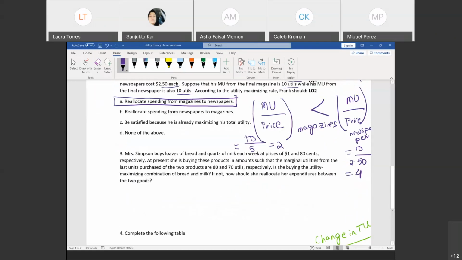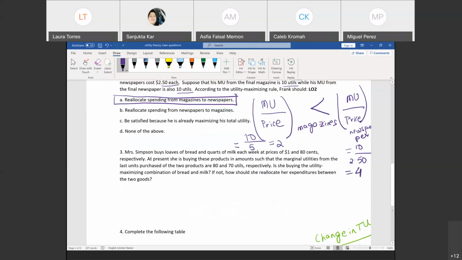Hope this makes sense. Now, question number 3 says, Mrs. Simpson buys loaves of bread and quarts of milk each week at prices of $1 and 80 cents respectively. At present, she is buying these products in such amounts that the marginal utilities of these two are 80 and 70. Is she buying the utility maximizing combination of bread and milk?